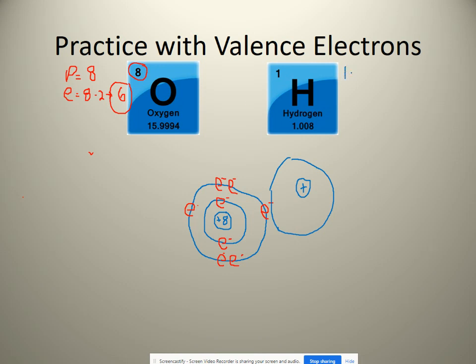Well, if it has 1 proton, then it has 1 electron. And so it can have 1 electron in its outer shell. So I'm going to draw 1 electron. Okay, this is hydrogen.